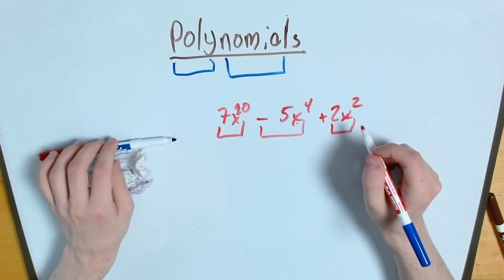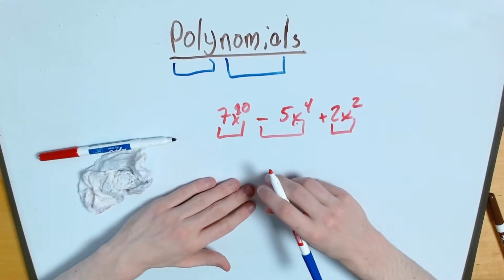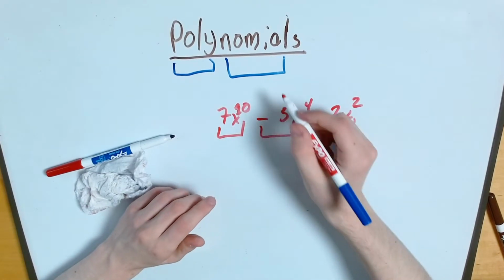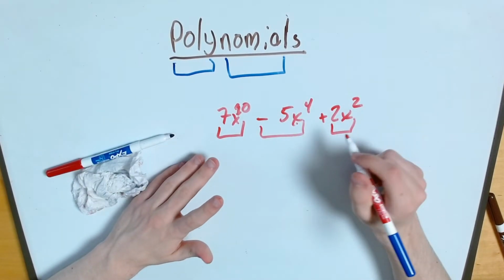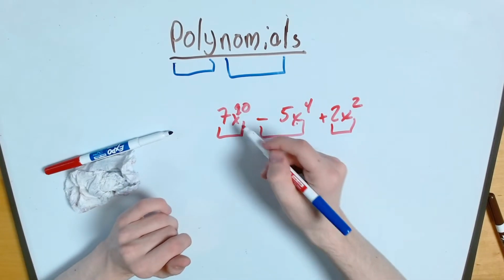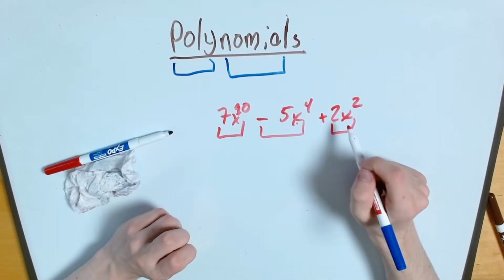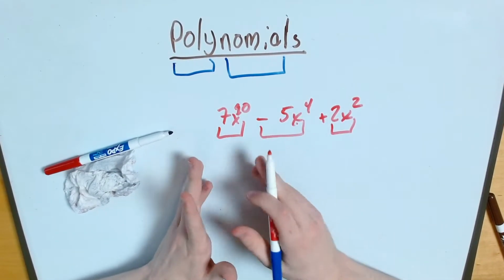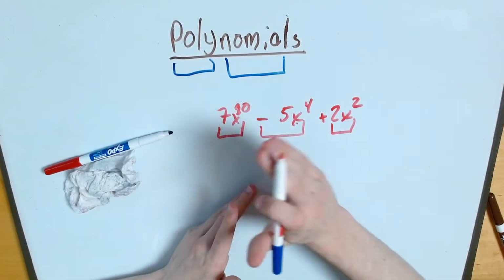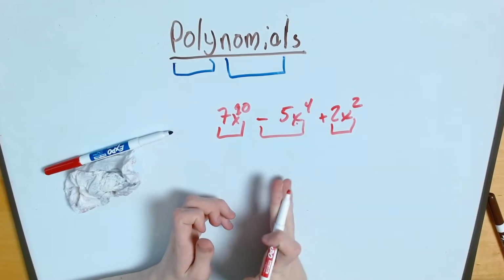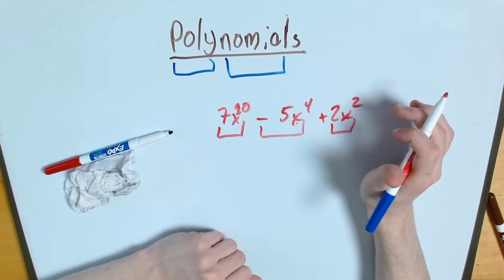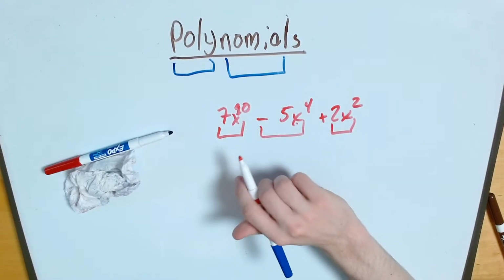And now you notice we don't have like a countdown, right? In the previous one we had x to the 3, x to the 2, x to the 1, x to the 0. Here we have x to the 10, then x to the 4, then x to the 2. We don't necessarily have to have all the x to the power lined up in descending order, right? We can jump around a bit, so long as we group different terms together.